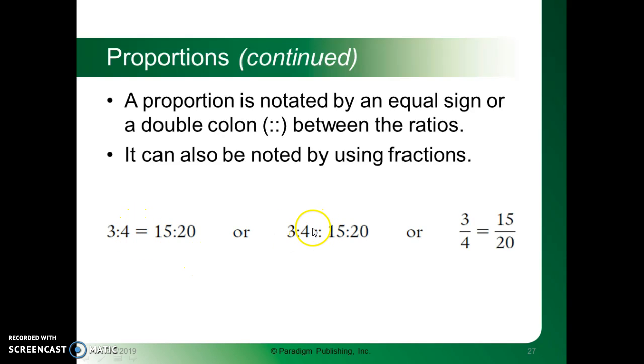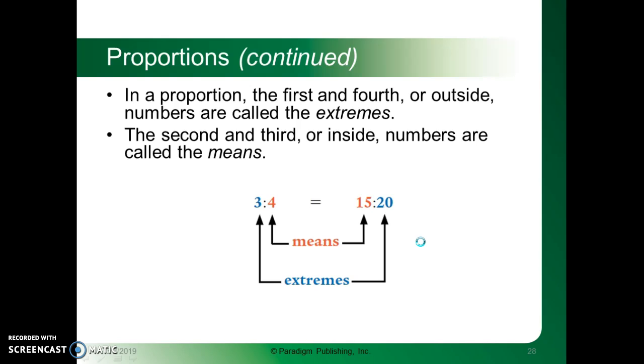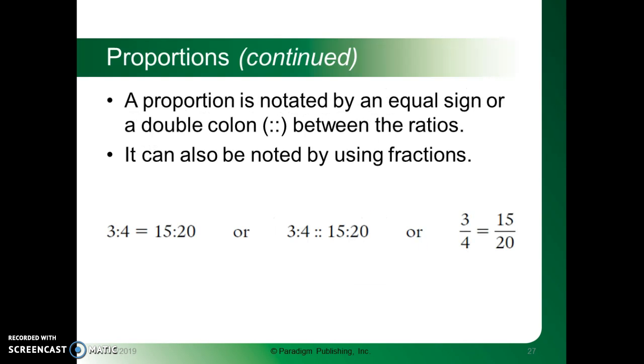If we have a double colon, like in this example, that's also a proportion. Or using fractions, since ratios can be written as fractions. So this is our ratio, 3 divided by 4, and our proportion would be the equal sign, 15/20.